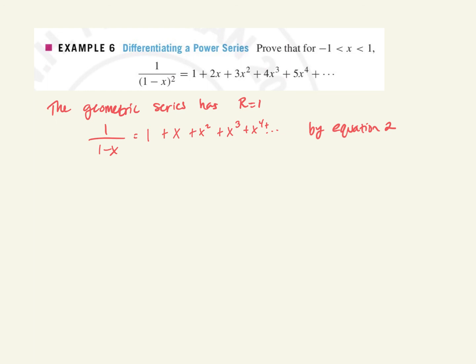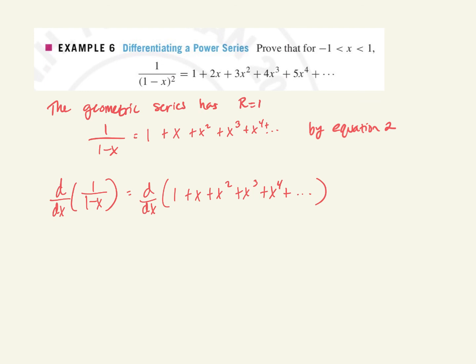So now, if we use this idea that we can derive, let's see where that takes us. If I derive the whole thing, if I derive the 1 over 1 minus x, and I derive each term over there, then on the left-hand side, it is a quotient rule. You don't have to treat it as a quotient rule.